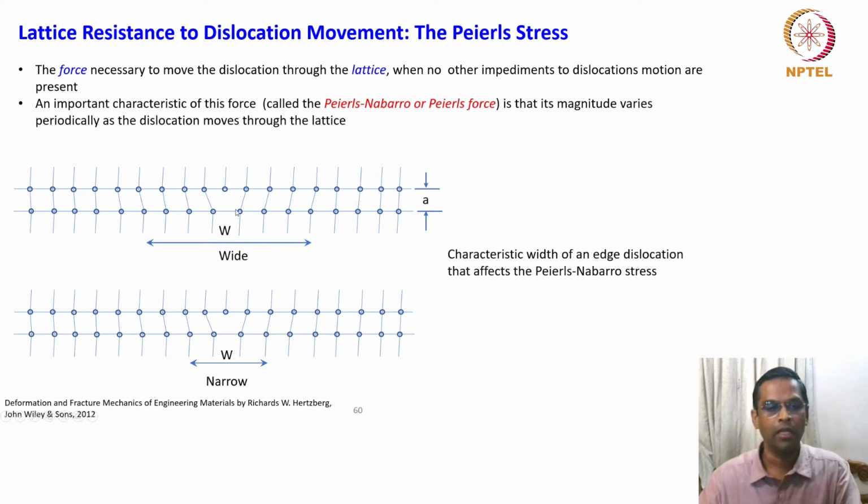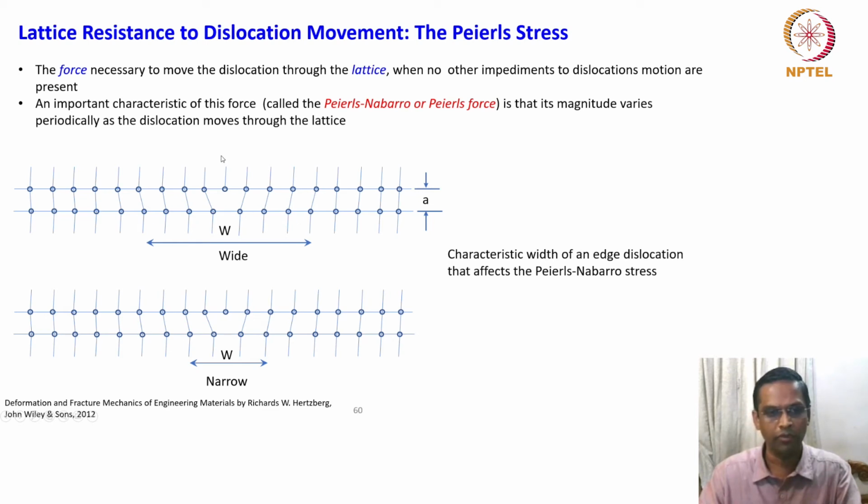So suppose the extra half plane is inserted here, how much distortion it creates, or how far the distortion goes. That is the measure of W. Because this edge dislocation got inserted, how much disturbance it creates on both sides of the lattice.